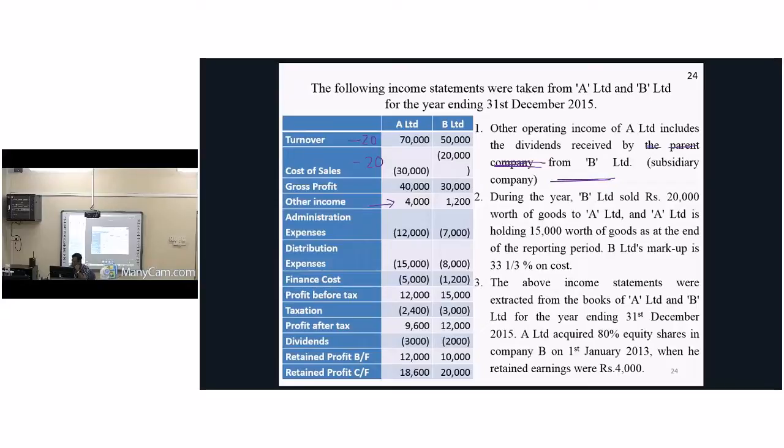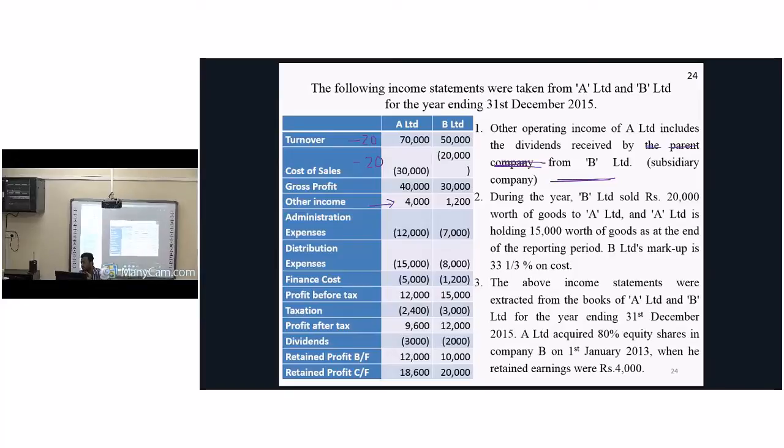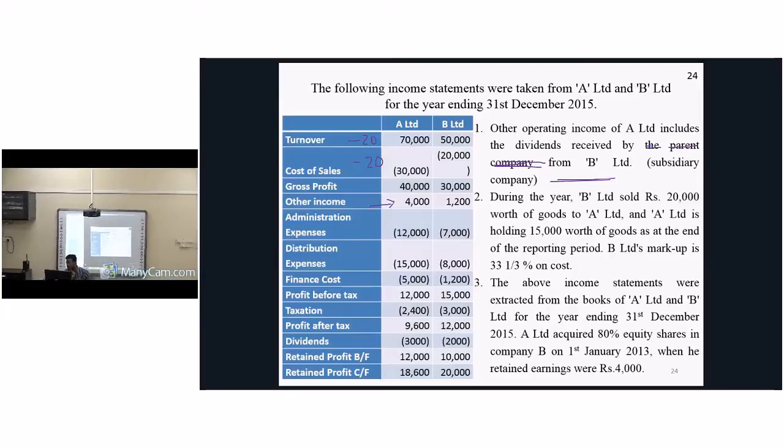In the previous question, the selling party was the parent. Now in this question, the selling party is the subsidiary, B Limited. B sold goods to parent, A Limited. A Limited is holding 15,000 worth of goods as at the end of the reporting period.